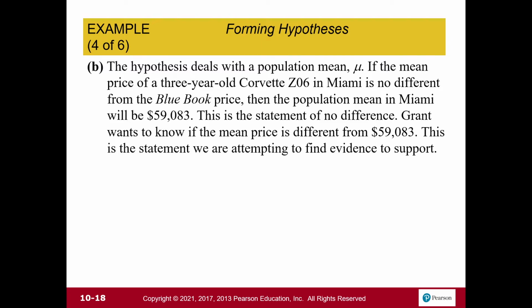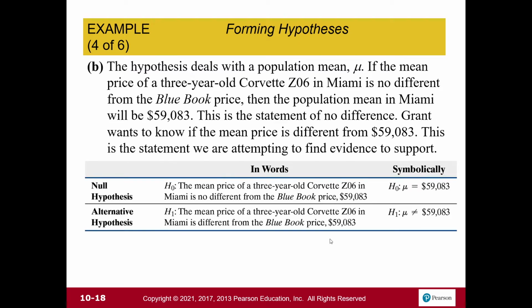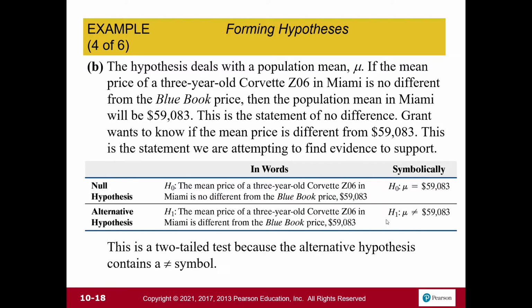All right, so the hypothesis deals with the population mean. And so we're going to set the mean to be 59,883, and the alternative is going to be not equal to. We don't know if it's going to be more or less. We're just going to set it to not equal. And in which case this would then be a two-tailed test.